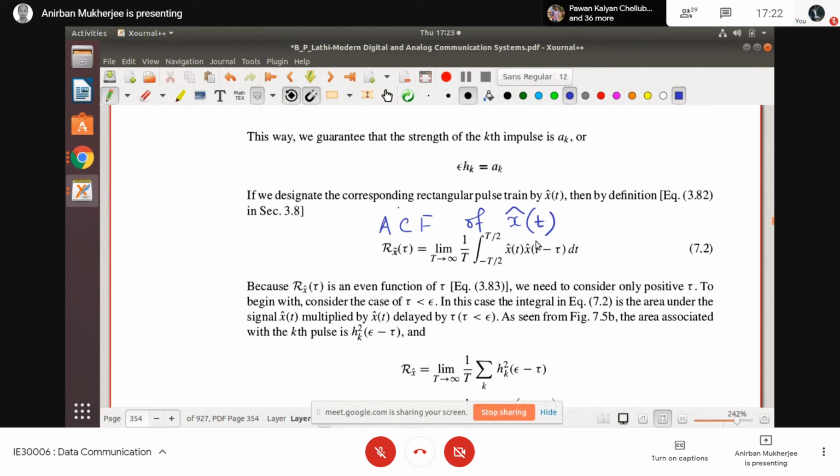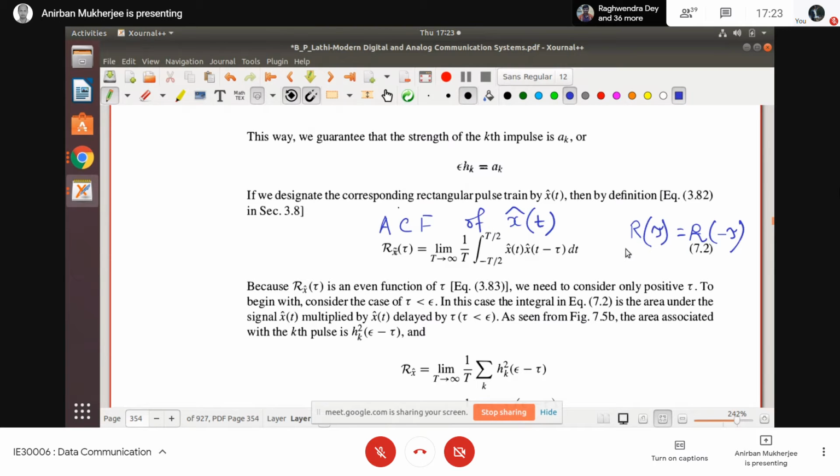If you drop the hat, it is xt. Also, if you put minus tau in place of tau, you will find that R(tau) equals R(minus tau), so the autocorrelation function is an even function of the lag tau.